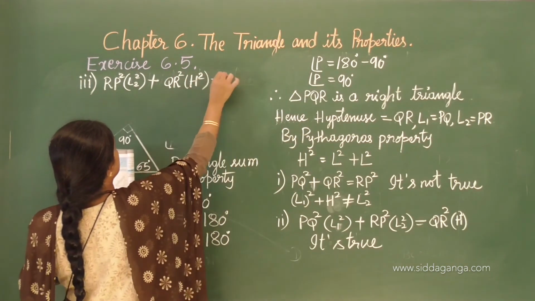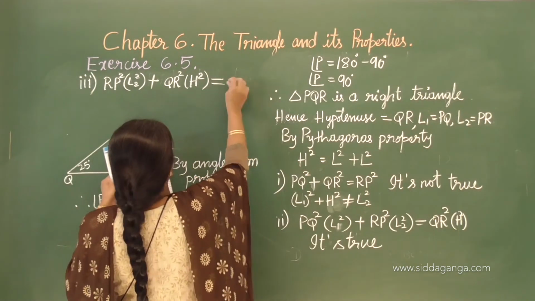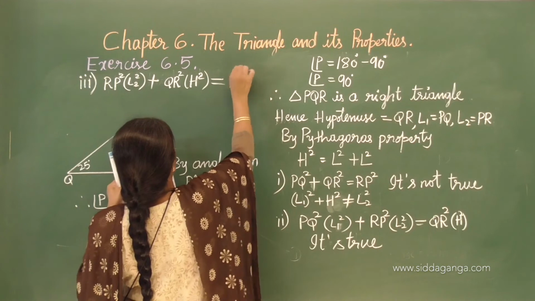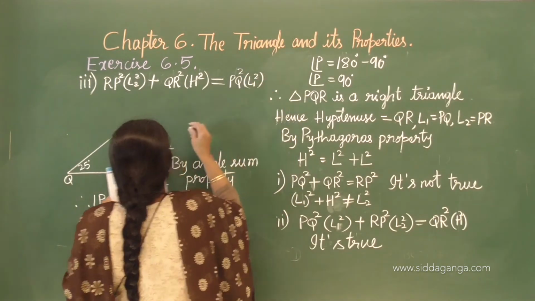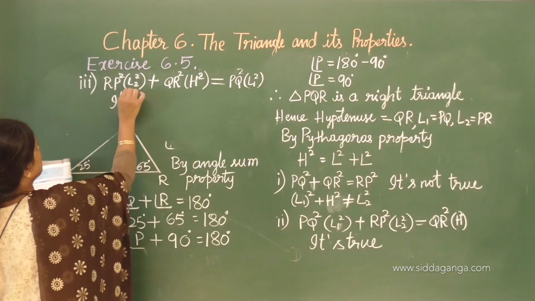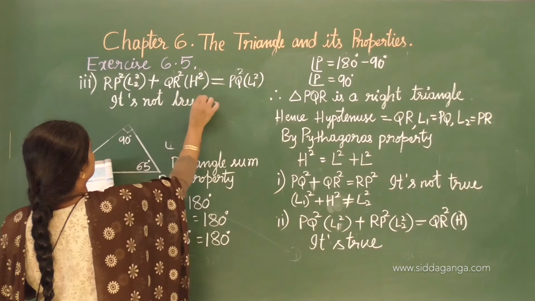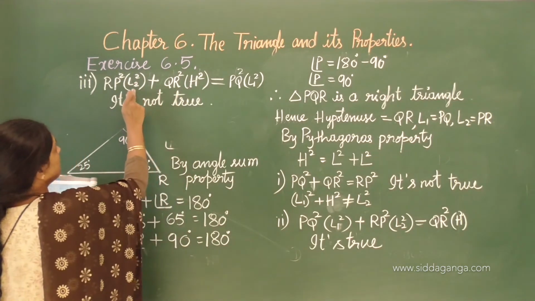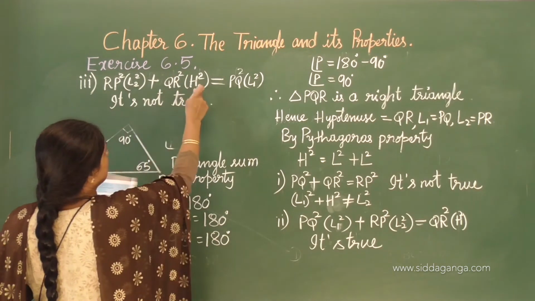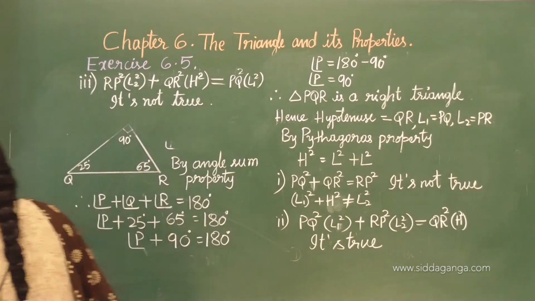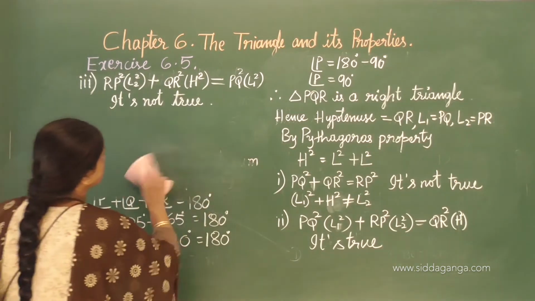Is it possible? So that is equal to PQ square. PQ square means L1 square. So it's not true, because the relation is leg square plus hypotenuse square equal to leg square, so that is not true. Okay, let's move to the seventh one.